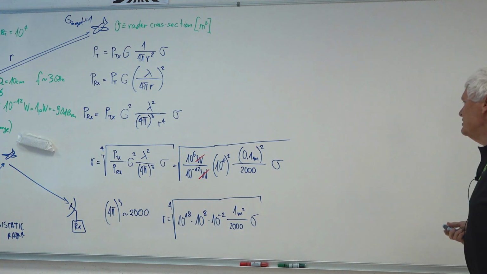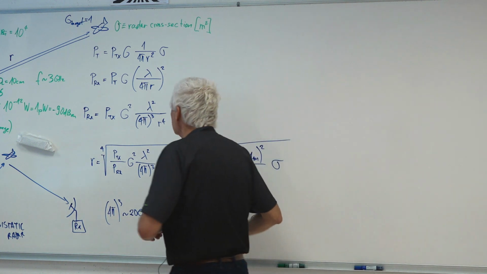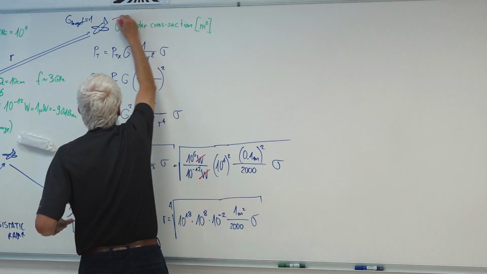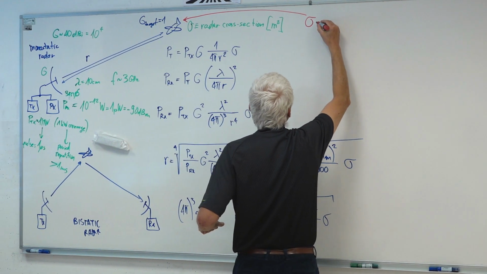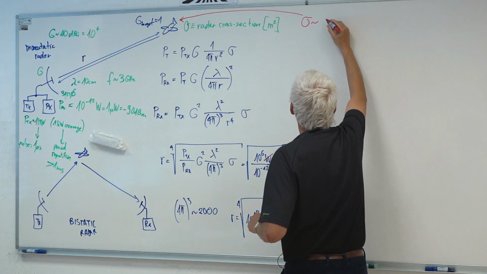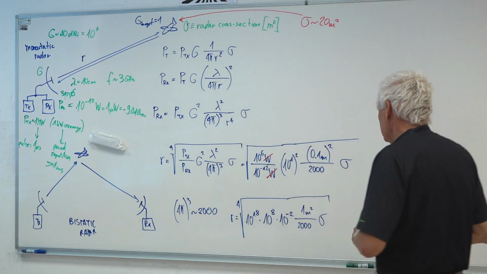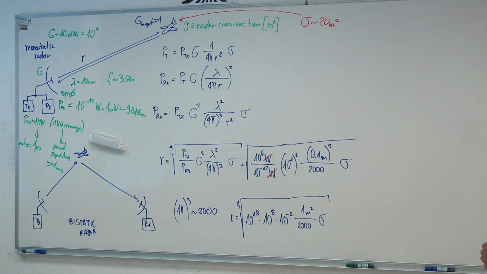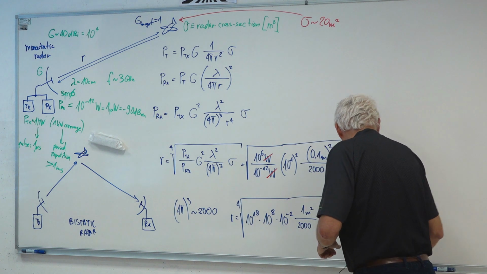Now, just to keep calculations simple, a large airliner may have a cross-section sigma of approximately 20 meters squared.